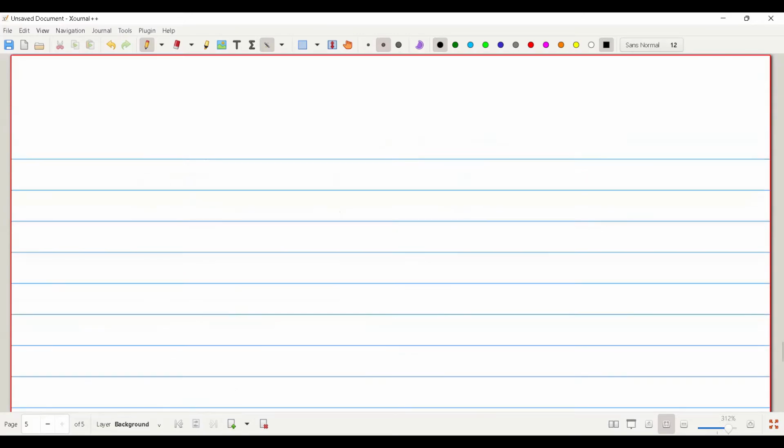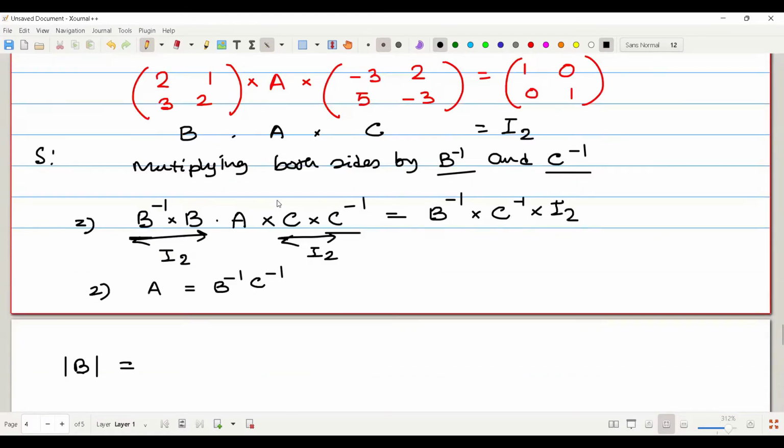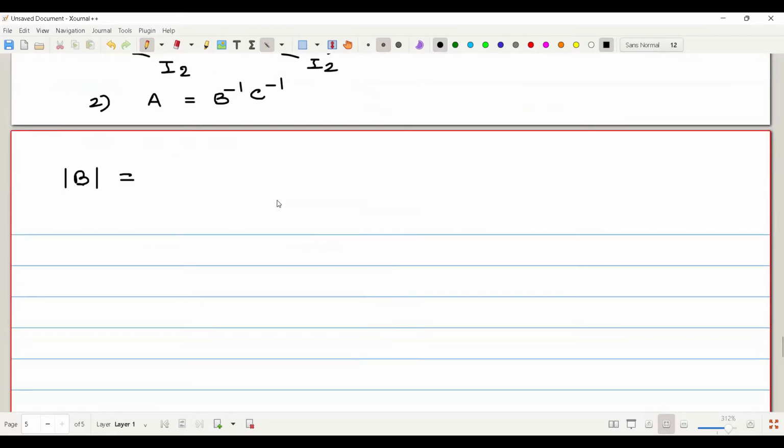Let's find. At first we are finding the determinant of B. That means if that is not equal to 0, B can be invertible. 2, 1, 3, 2. So that means 2 cross 2 minus 3 cross 1, or 1, not equal to 0.